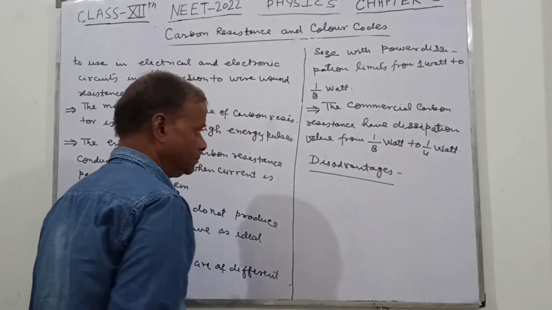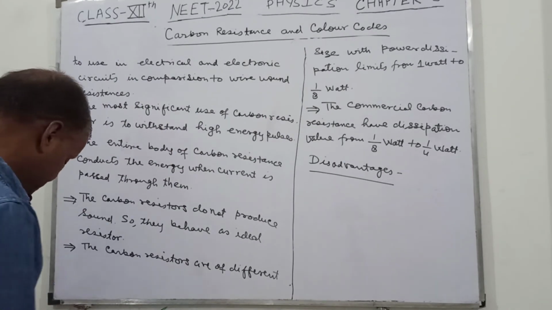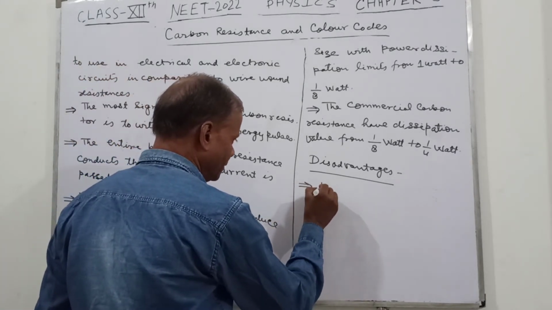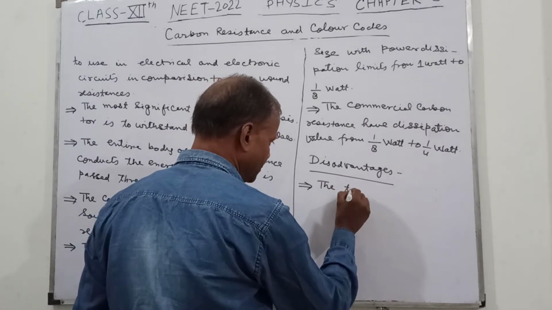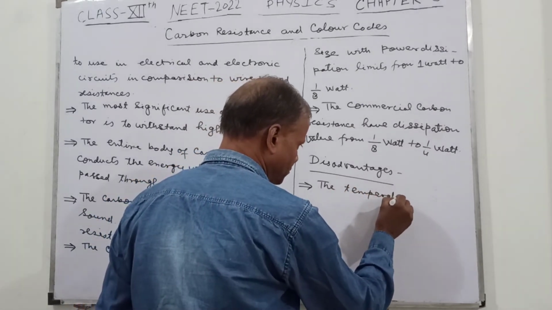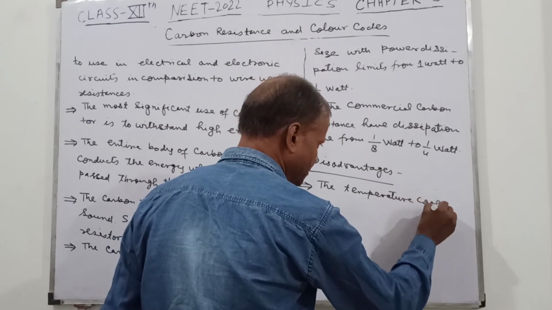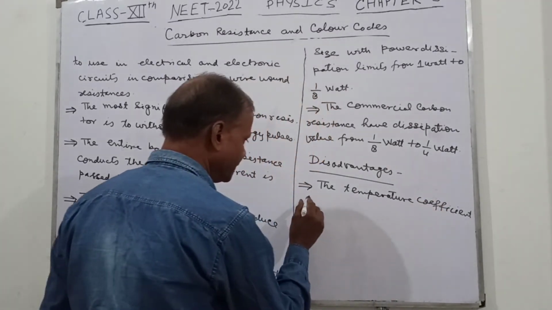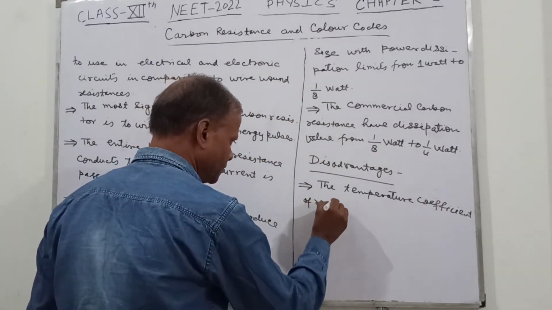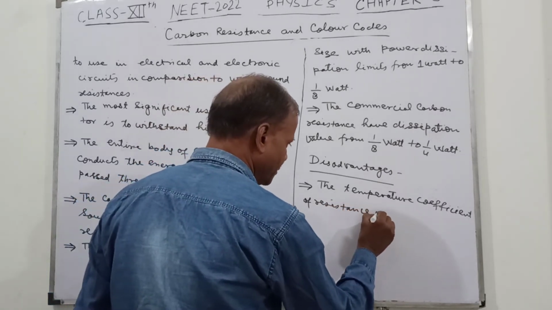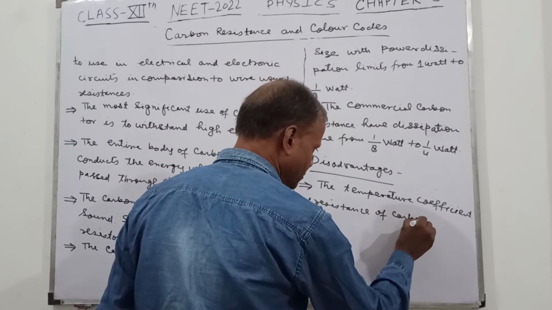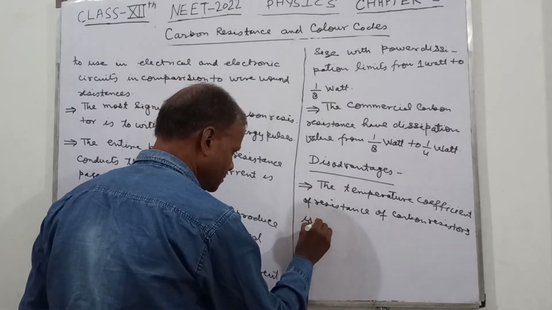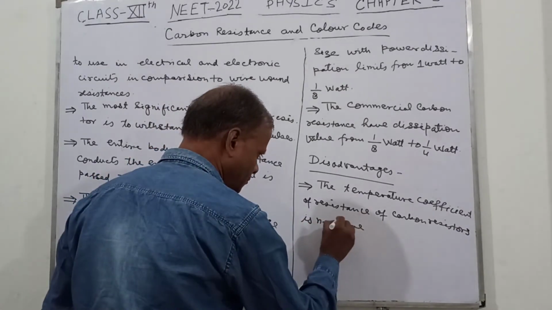Disadvantages. What are the disadvantages of this carbon resistance? The temperature coefficient of resistance of carbon resistors is negative.